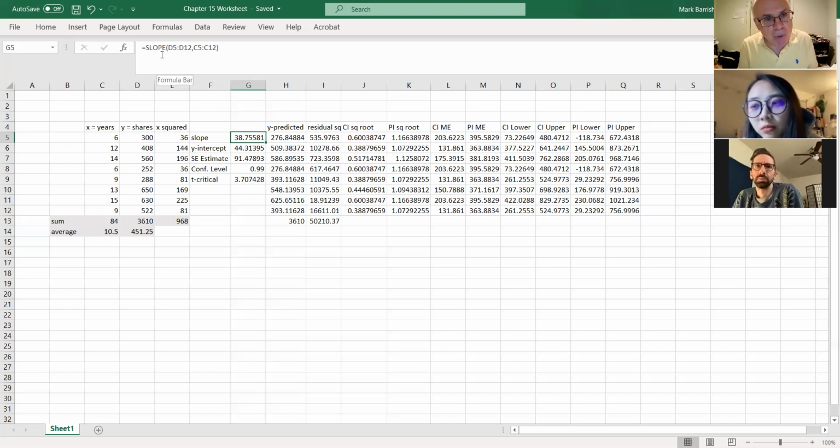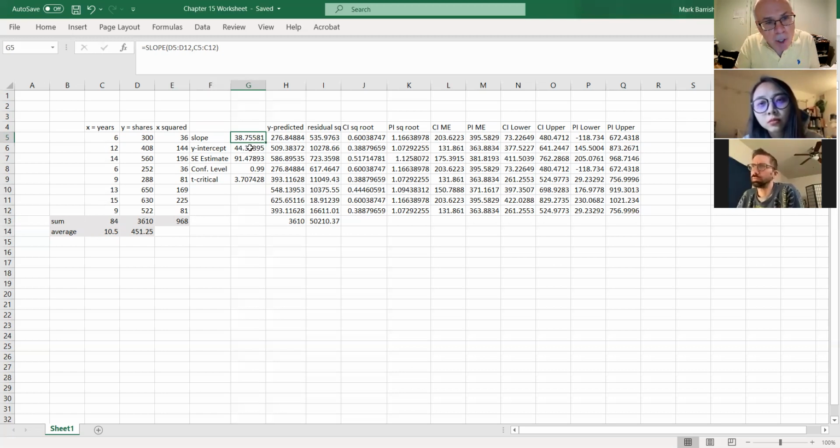So you just have to say equal slope, and then it's going to ask for the y values first, and then comma the x values. You'll see it when you type it in. So equal slope, and then it's going to ask for the y's. So you highlight the y's first, the 300 to 522, and then comma, highlight the x's, and then see what you get here.